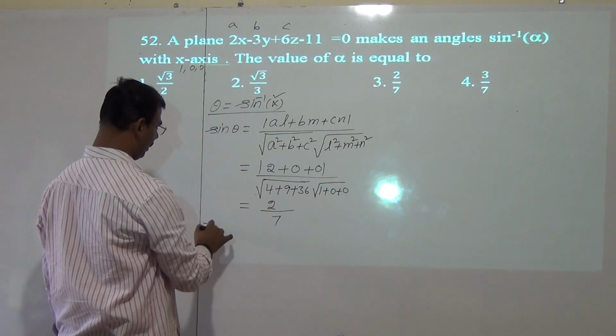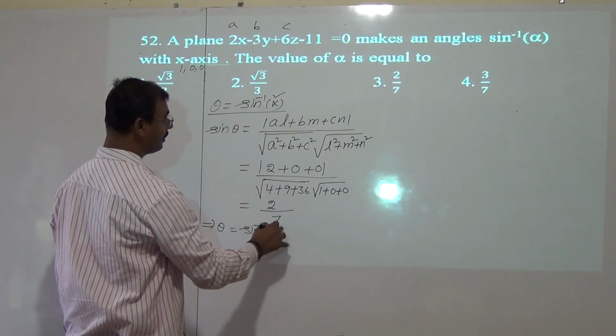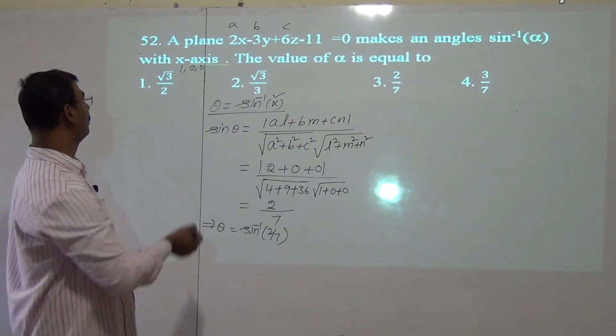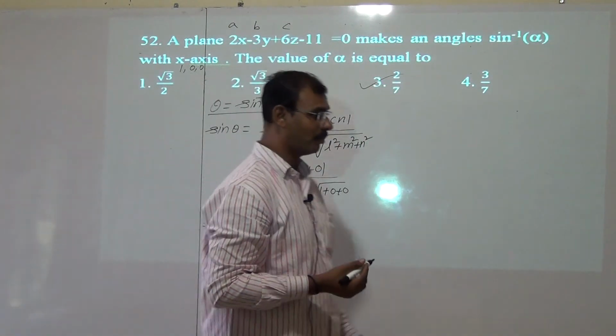So theta is equal to sine inverse of 2 divided by 7. So alpha is equal to 2 divided by 7. So this is the problem.